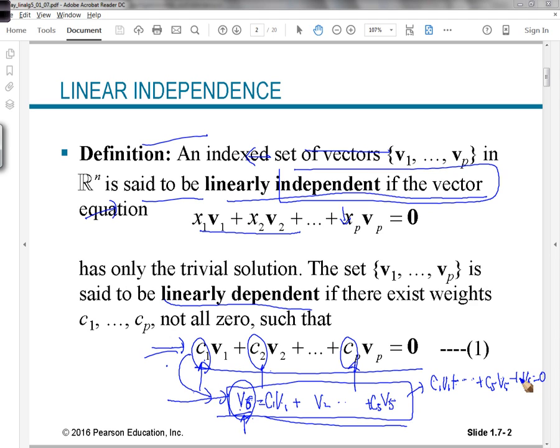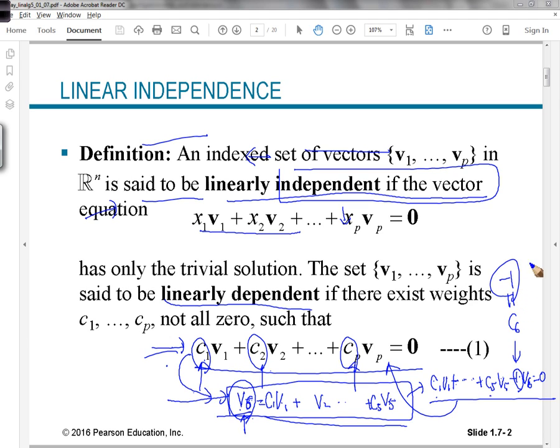So if we compare this with the earlier equation, we have C1 through C5, and then suddenly C6 is minus 1, right?